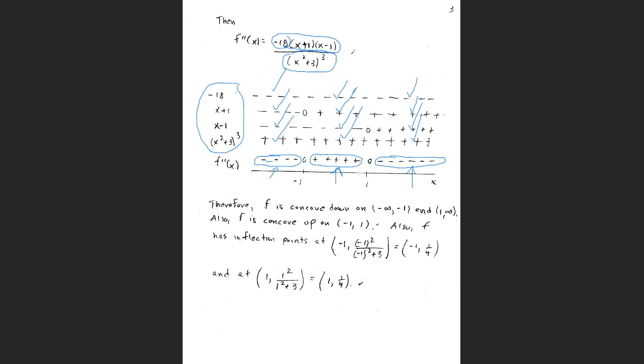In other words, the -18 is negative, the x plus 1 is positive there when x is greater than 1, x minus 1 is positive when x is greater than 1, and x squared plus 3 cubed is always positive, so hence, there you go.